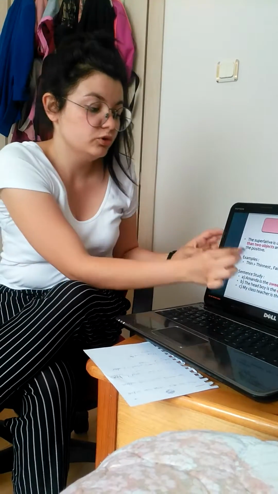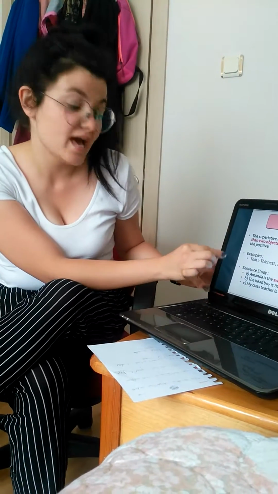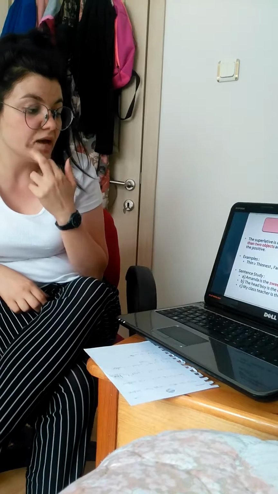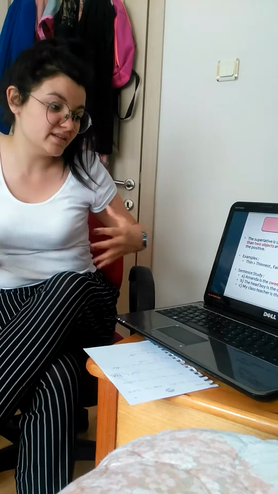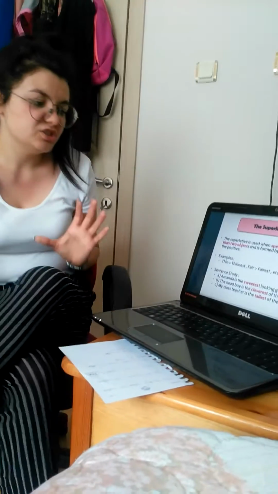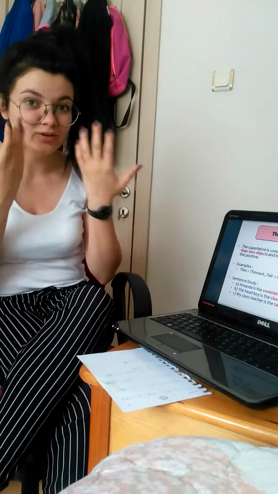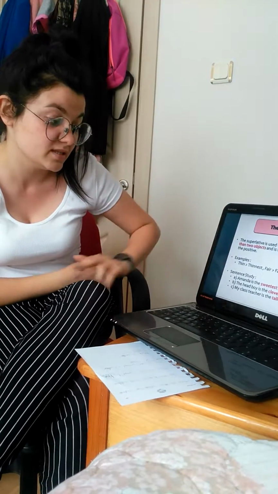We have to put est here. Let's study example sentences. Amanda is the sweetest looking girl. She is the most beautiful, the cutest, the best looking girl. She is very beautiful, it means.